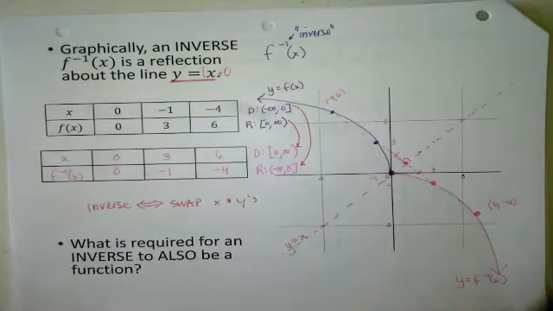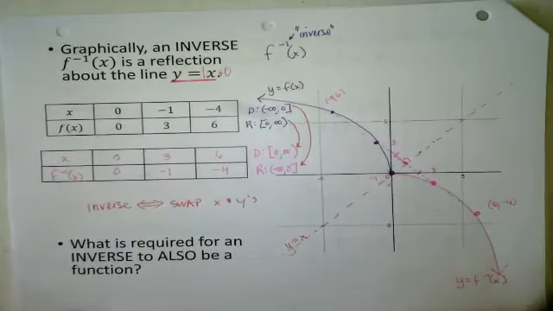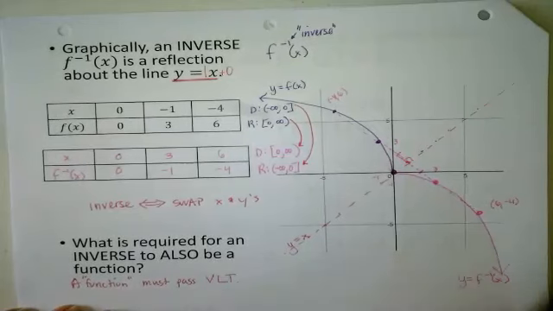Sometimes we know that a function must pass the vertical line test. A function, that's a special word, function, must pass the vertical line test. But we want to know what's required for an inverse to also be a function.